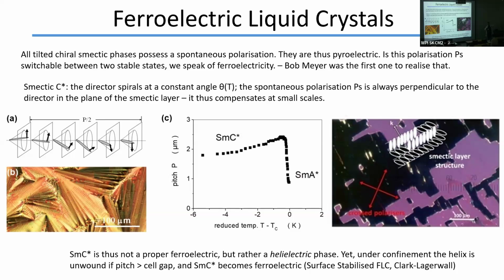Or it's easier to show it this way. So you have your smectic layers like this, and your helix goes this way. The polarization that goes with it is related to this opening angle, 2 theta, and that goes like this. So it compensates over one pitch.